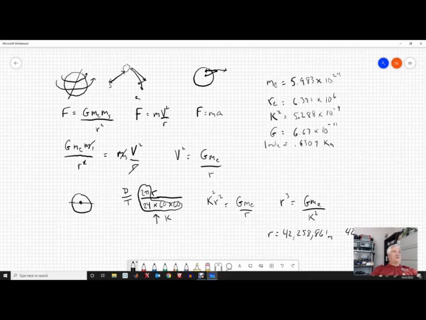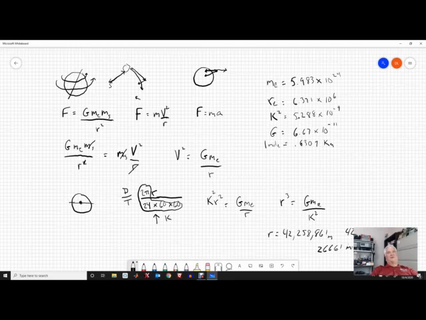If you do this in terms of miles, you would take our constant up at the top that says 1 mile equals 0.6309 kilometers. So we multiply this by 0.6309, and we get about 26,661 miles, but that's from the center of the Earth.